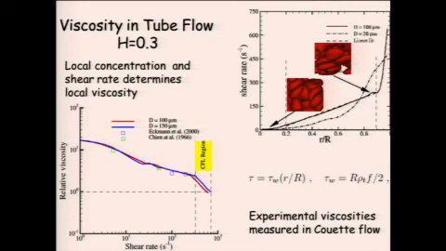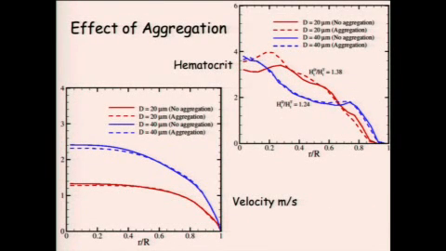So if you differentiate the velocity curves, you get a shear rate, and that's this plot here. And therefore, if you know the stress and the shear rate, you can get the viscosity, which is plotted here. And you can see that our calculated local viscosities agree with measurements at those particular shear rates, those measurements being in uniform shear flow.